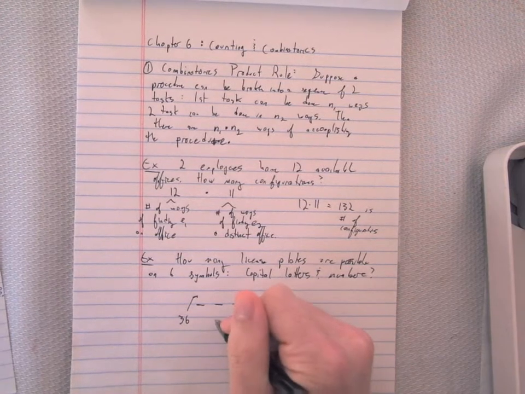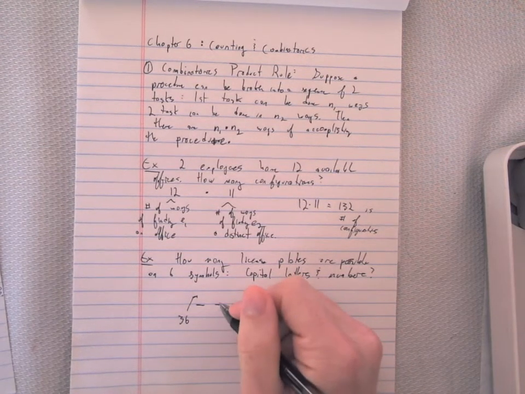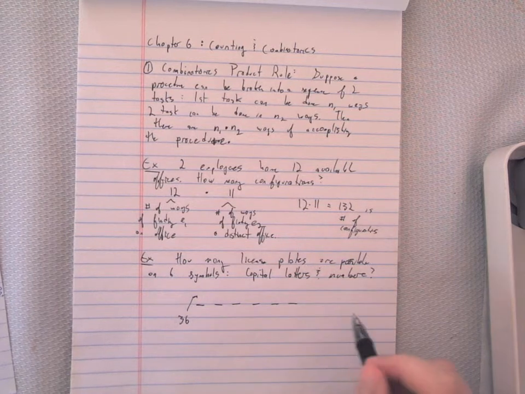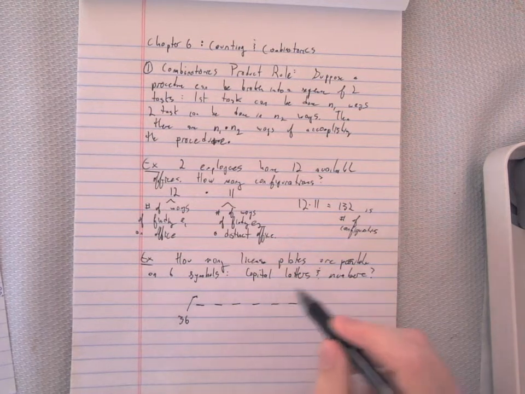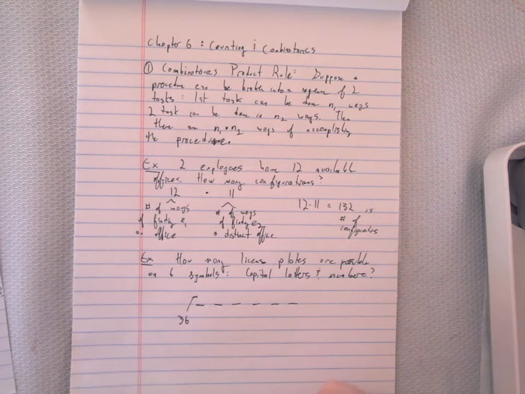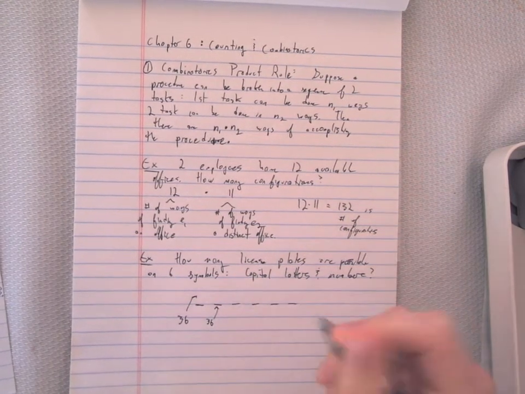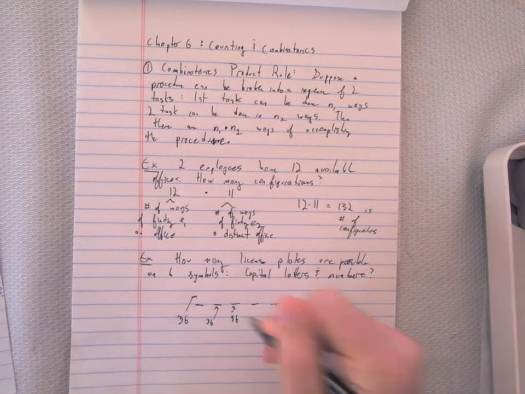And then there are no restrictions about what the next symbol can be. I'm not saying that you can't have a license plate that repeats a symbol. So for the next slot it would also be 36, and so on.